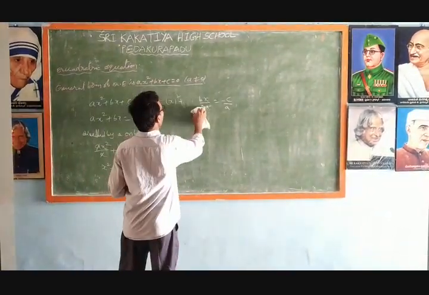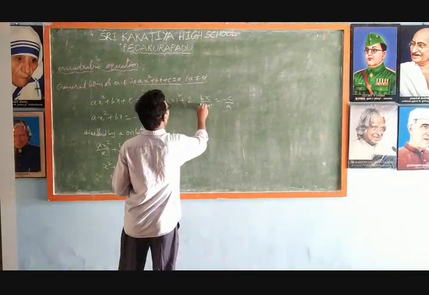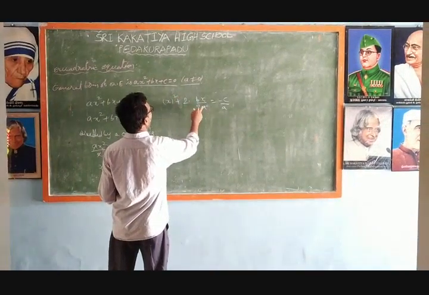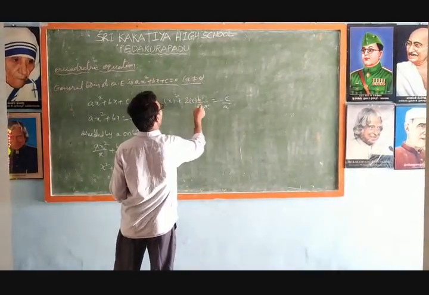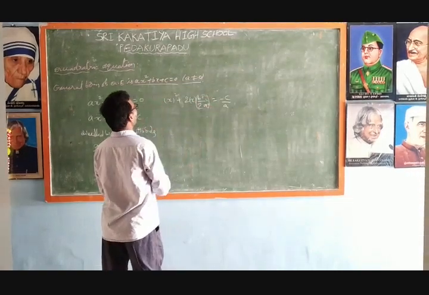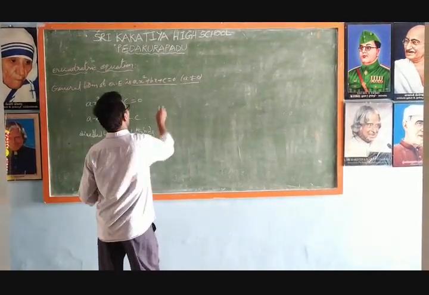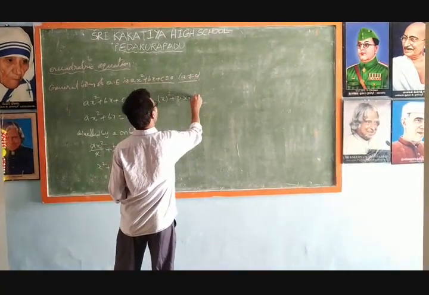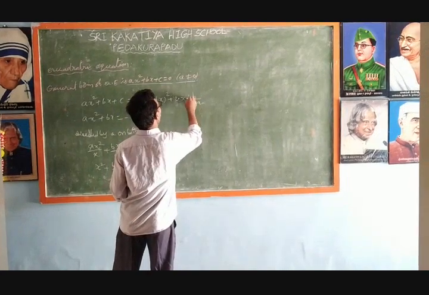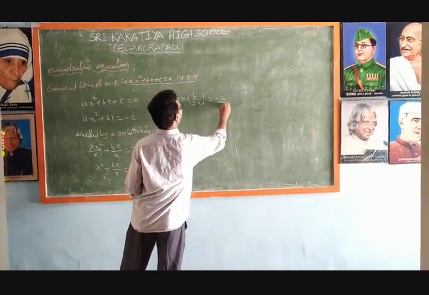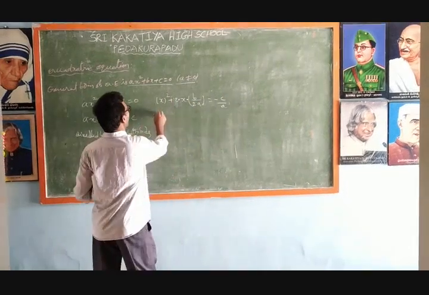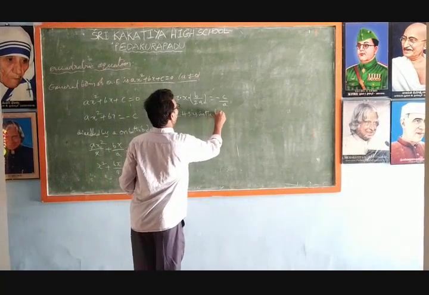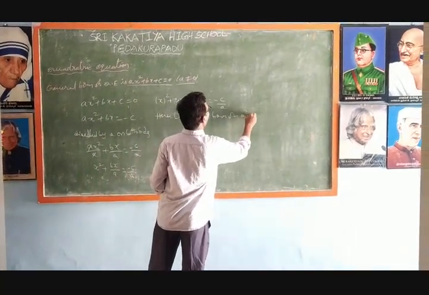That's why this is in the form of a square plus 2ab, where a is x and b is b by 2a.